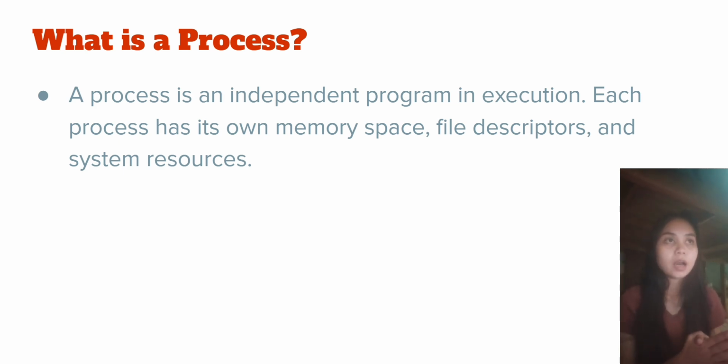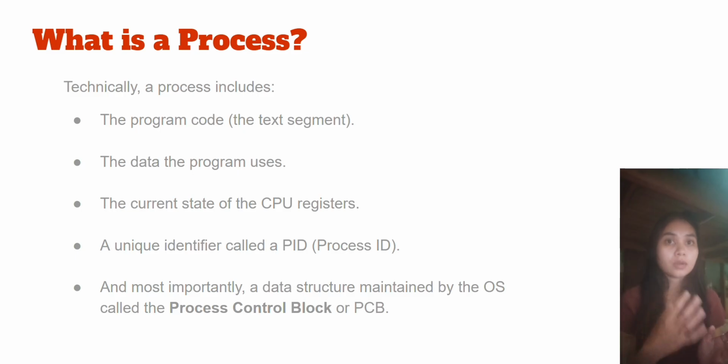Technically, ang process includes the program code, ito yung text segment, yung data that the program will use, yung current state of the CPU registers, and also a unique identifier that we call PID or process ID.